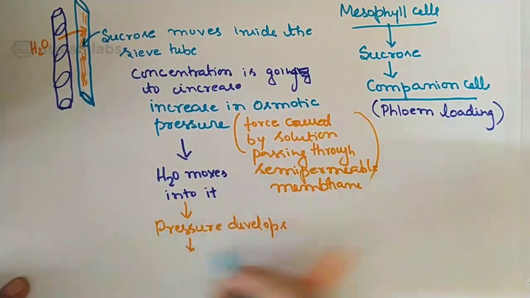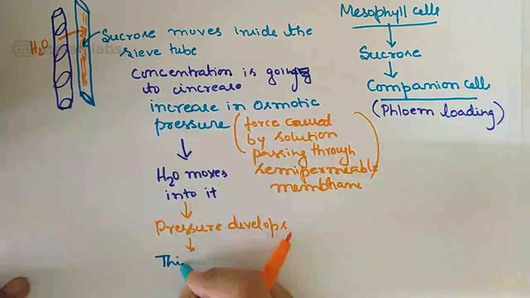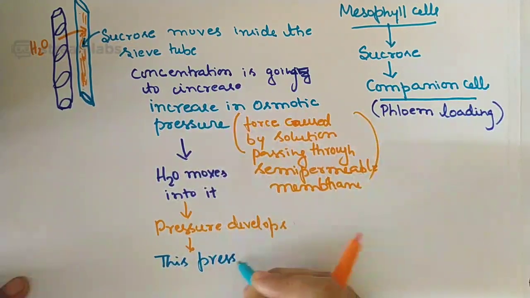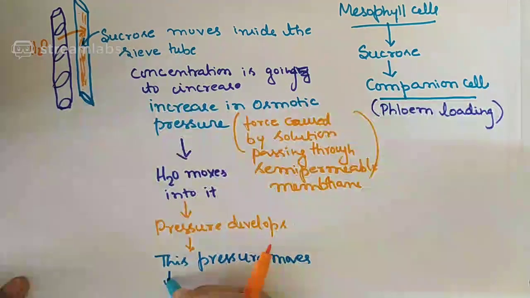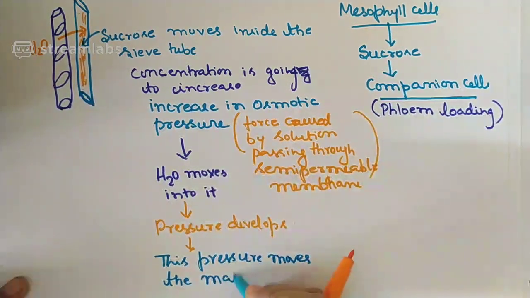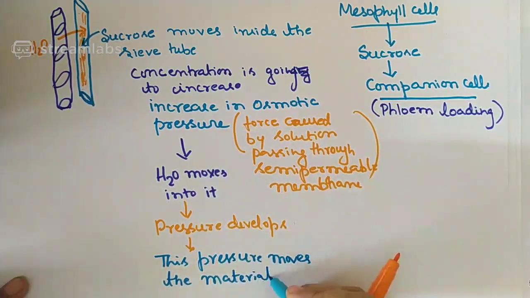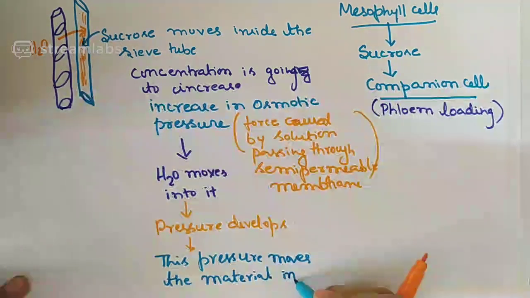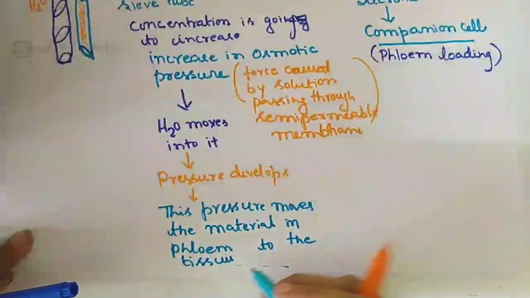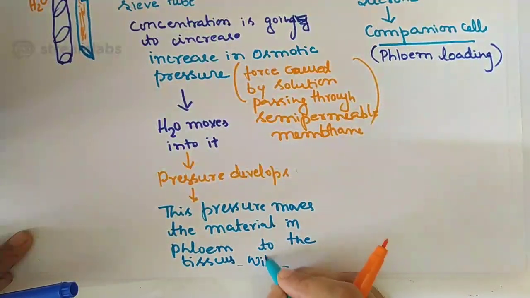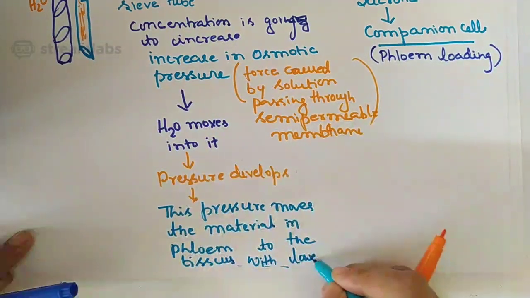This pressure, the pressure due to the entry of water, moves the material in the phloem to the tissues with lower pressure.